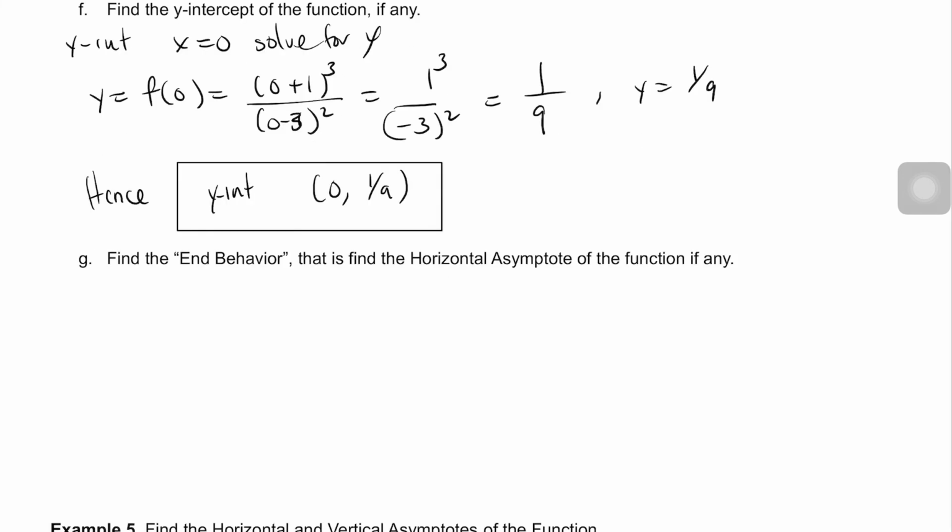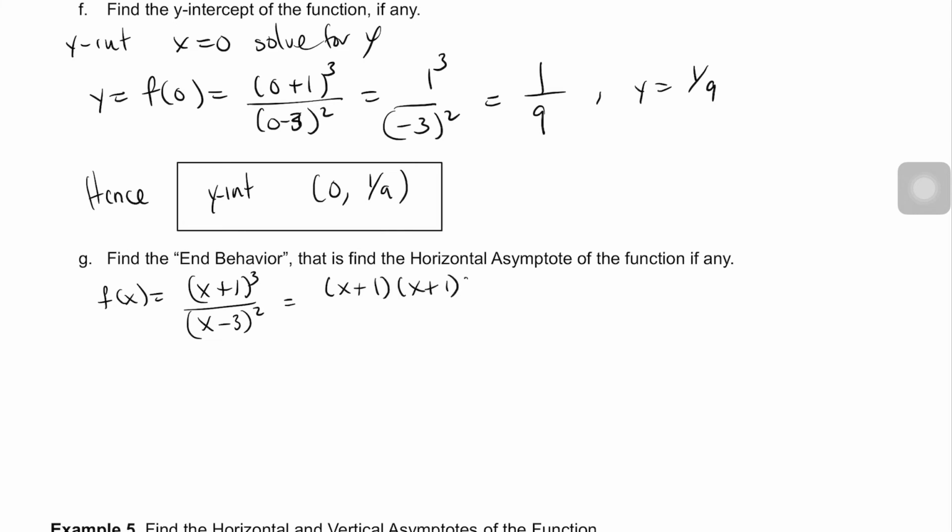Okay, so now let's try the next part. We're going to find the end behavior of the function. In other words, find the horizontal asymptote. For this, again, we're going to look at the simplified form of the function, x plus 1 to the third over x minus 3 to the second. Again, the simplified form has the same behavior as the original function.